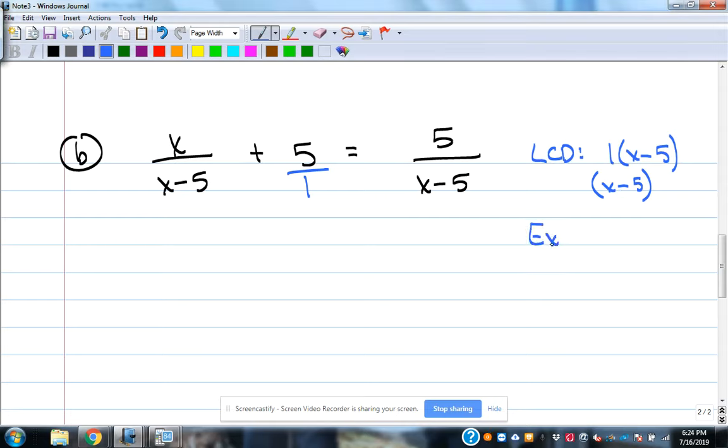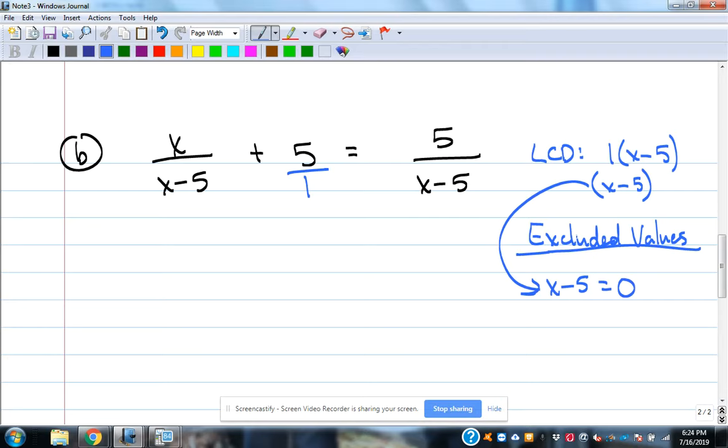I want to find my excluded value from that. This one will have one excluded value because the factor is x minus 5. There's only one of those. So I take that common denominator, x minus 5, and I set it equal to 0. That's what you've got to do to find those excluded values. When I solve that, I add 5. So that tells me that x cannot be 5.